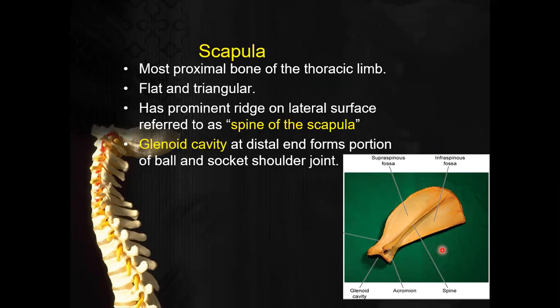We have here the spine of the scapula, which again is just muscular attachment. And then right here, I have an area where my humerus, which I do not have a humerus. Let me grab a humerus and I can show you the scapulohumeral joint.